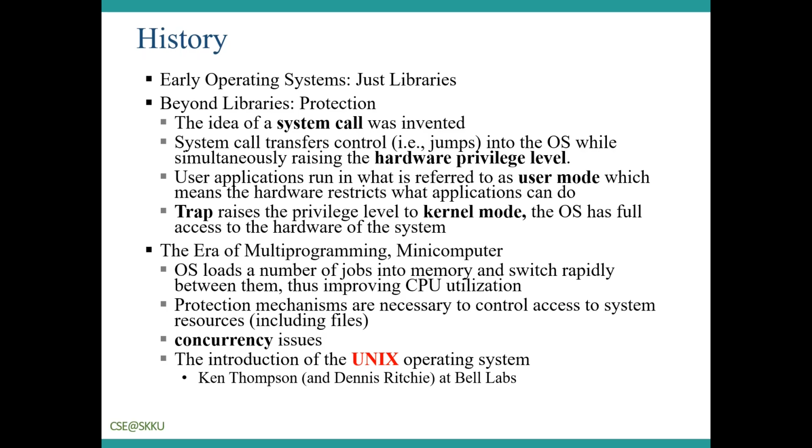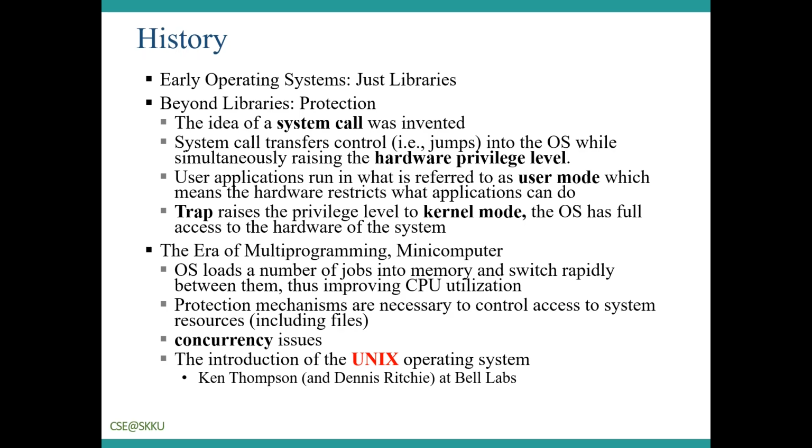Where operating systems really took off was in the era of computing beyond the mainframe, that of the minicomputer. Multiprogramming became commonplace due to the desire to make better use of machine resources. Instead of just running one job at a time, the OS would load a number of jobs into memory and switch rapidly between them, thus improving CPU utilization.